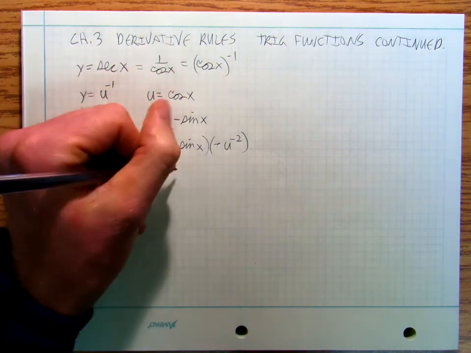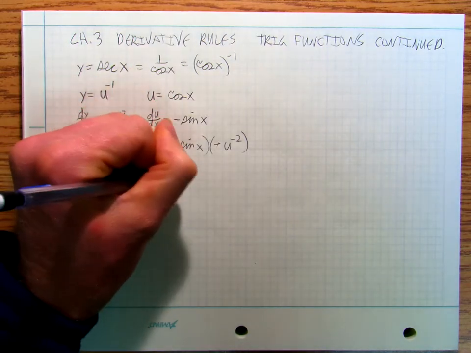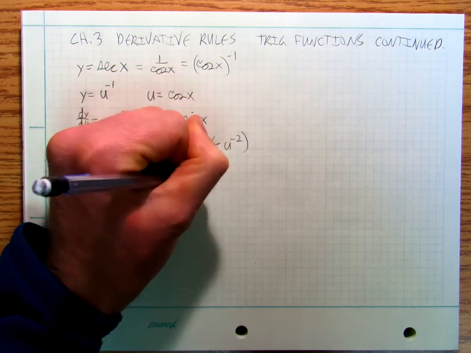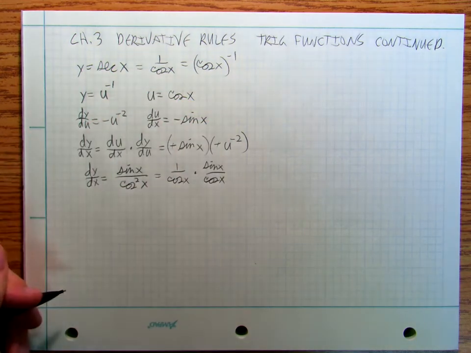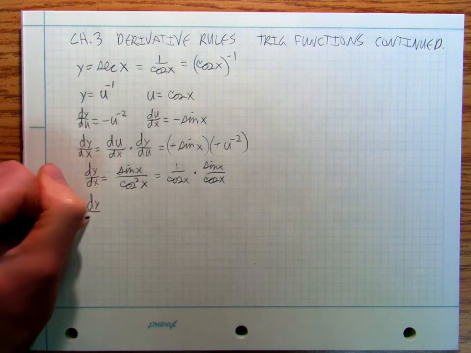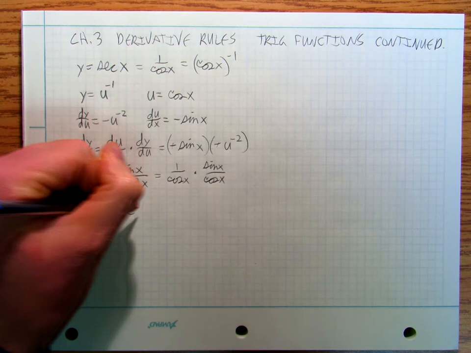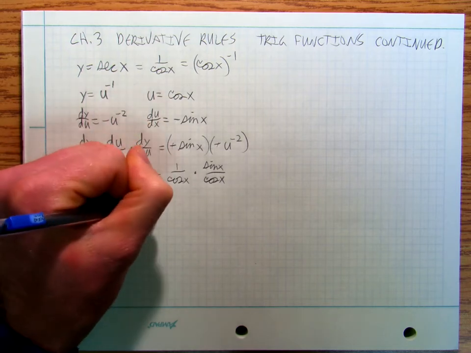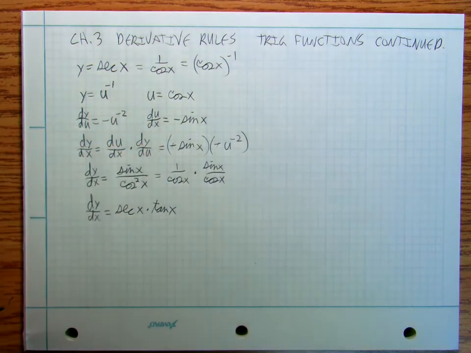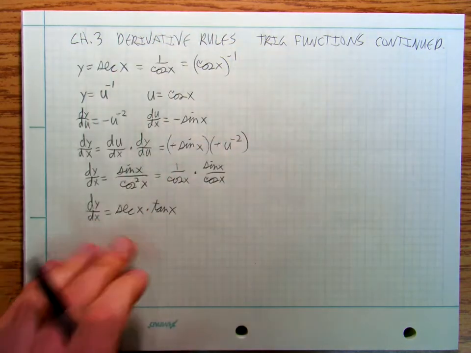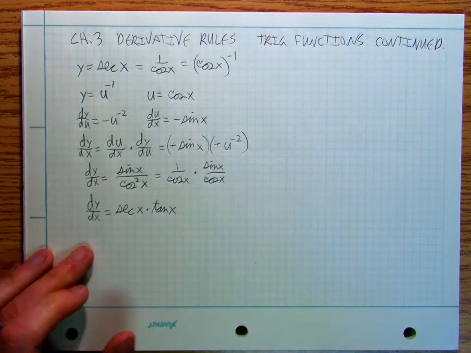I'm going to write that as 1 over cosine x times sine x over cosine x. And finally, I'm going to write that as secant x times tangent x. Okay? So that's how you would go about that.